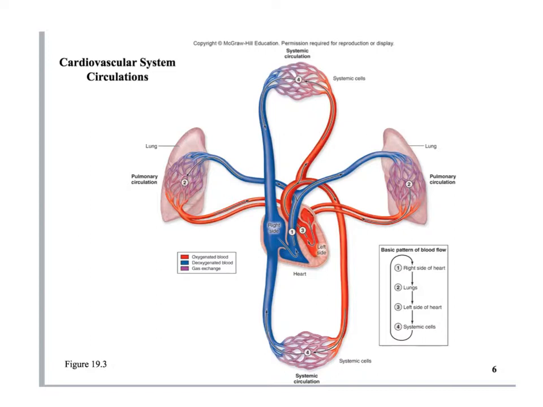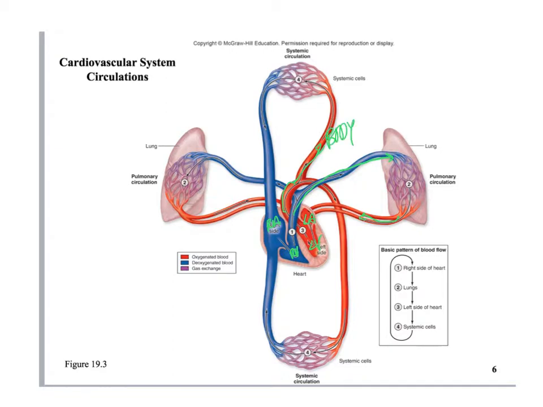We start at the right atrium, to the right ventricle, out to the lungs. Gas exchange occurs, then it comes back from the lungs into the left atrium, left ventricle, out to the body.